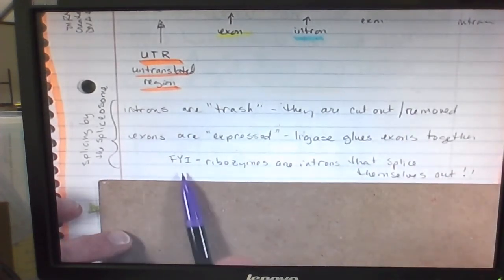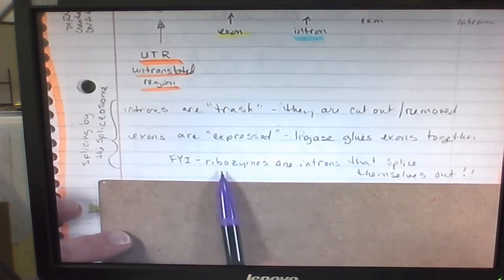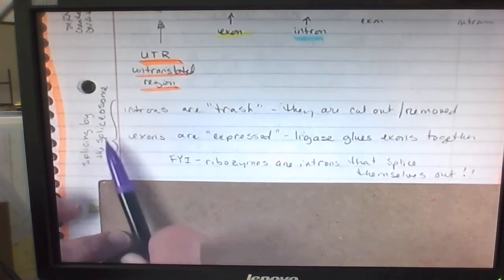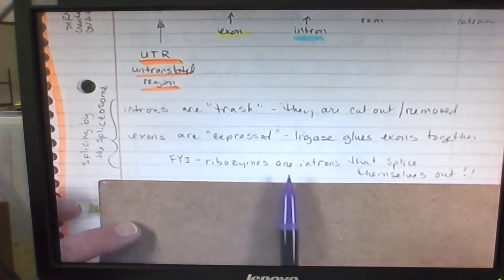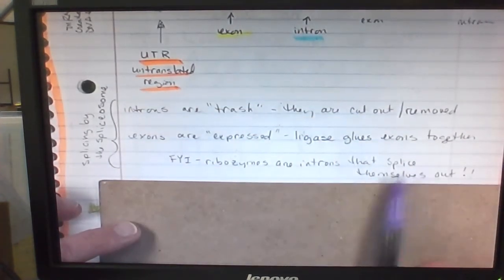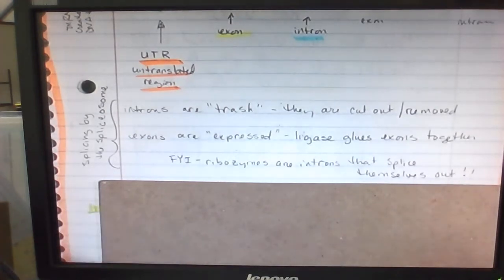And just for your information, spliceosomes cut the messenger RNA, but ribozymes are introns that splice themselves out of that messenger RNA strand.